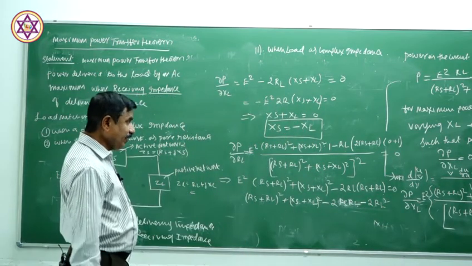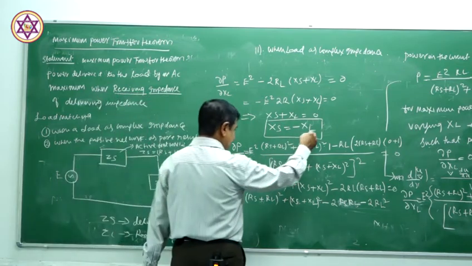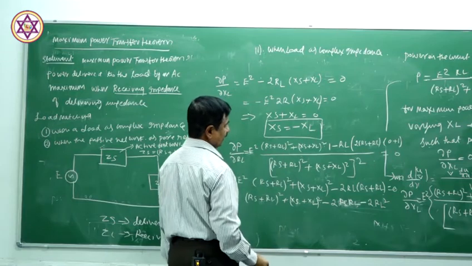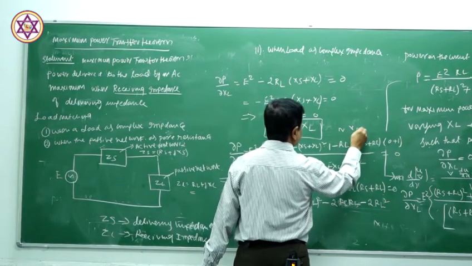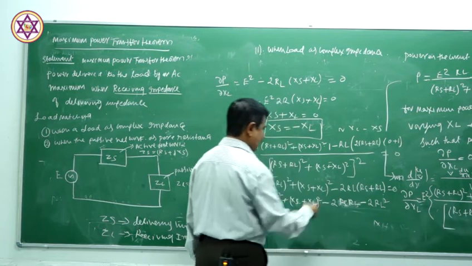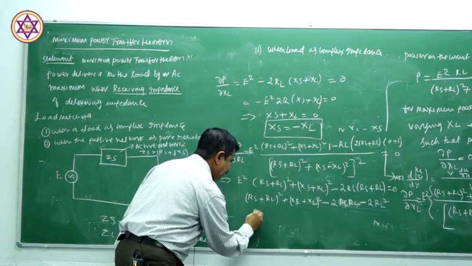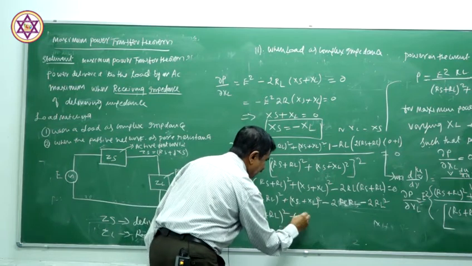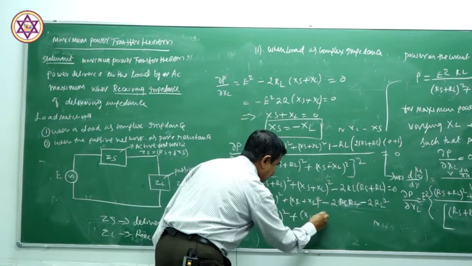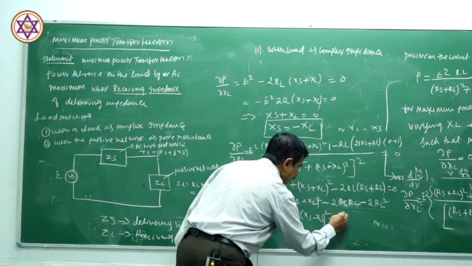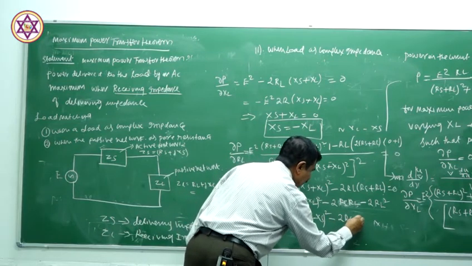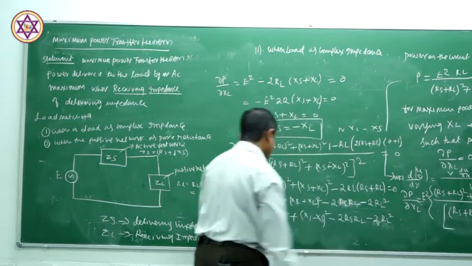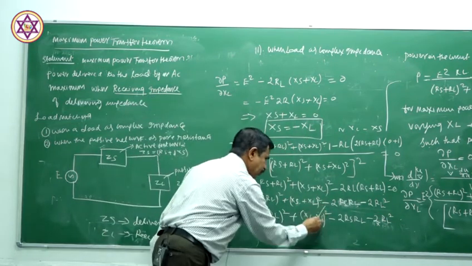Now, what is XL? This implies XS is equal to minus XL, or XL is equal to minus XS. I can write it like that. Then what happens? This is (RS plus RL) the whole square plus (XS minus XS) the whole square, minus 2RS into RL, minus 2RL square. So this becomes 0.